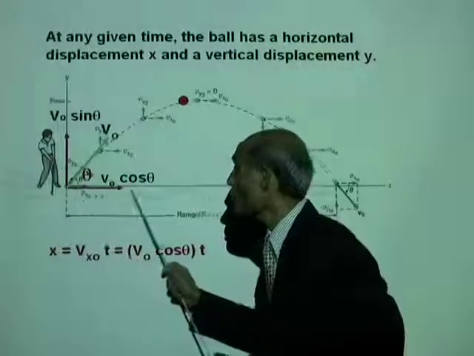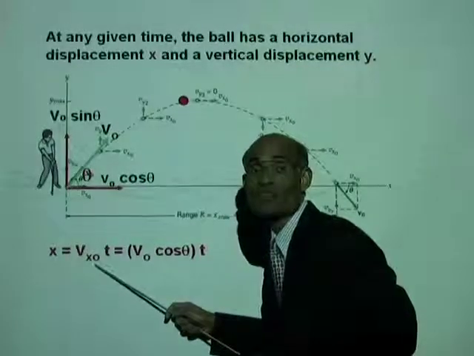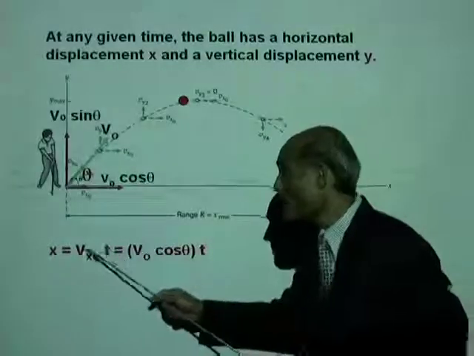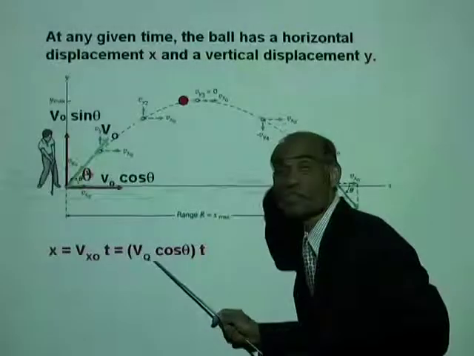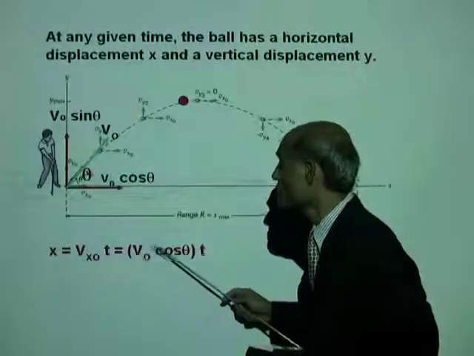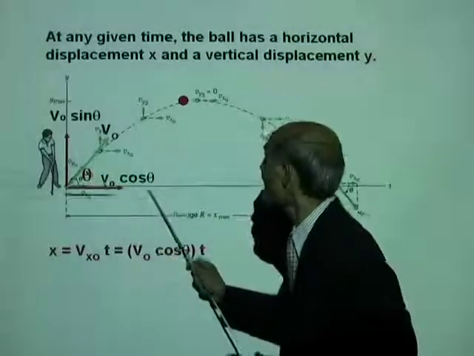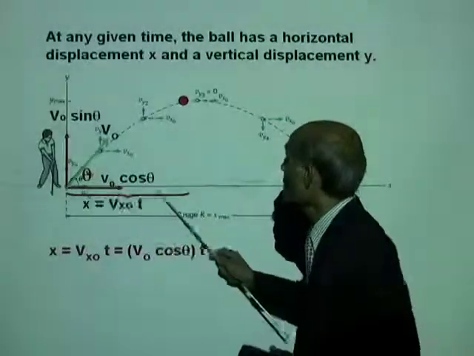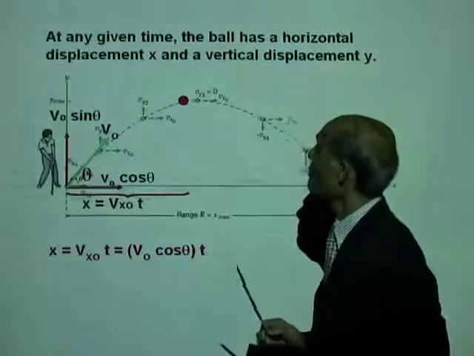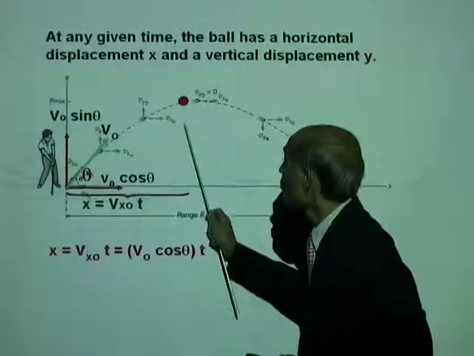So that horizontal displacement will be x equal to vx0 multiplied by time t, and vx0 is v0 cos theta. So x equal to v0 cos theta times t. That will be the x position.